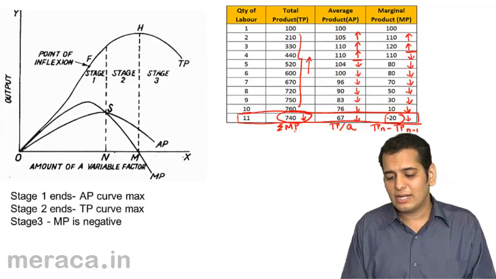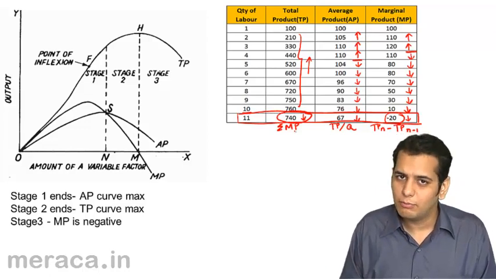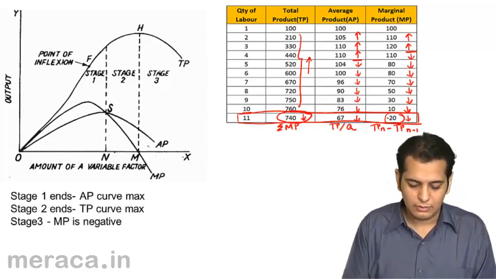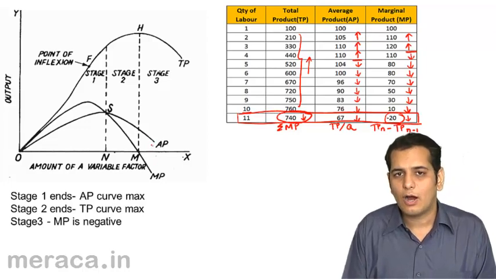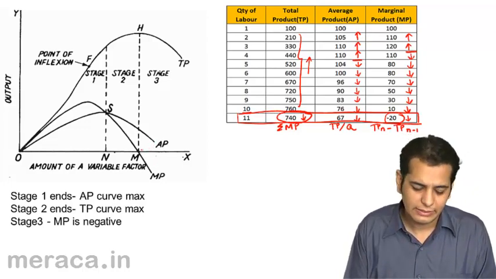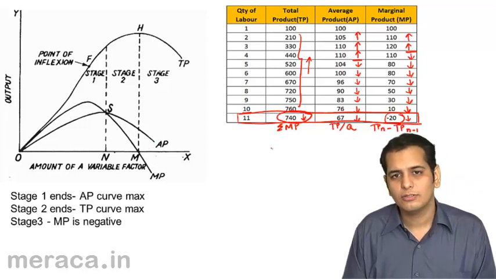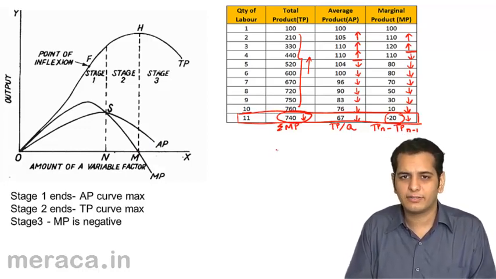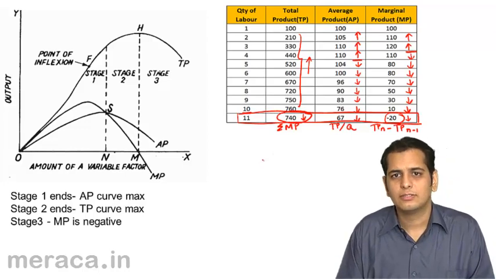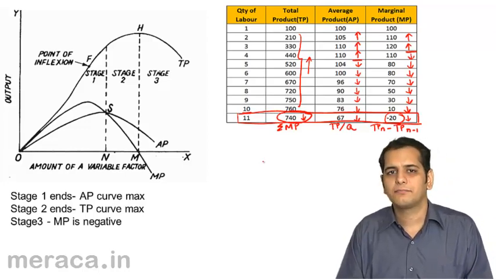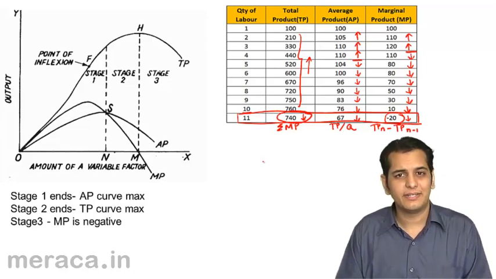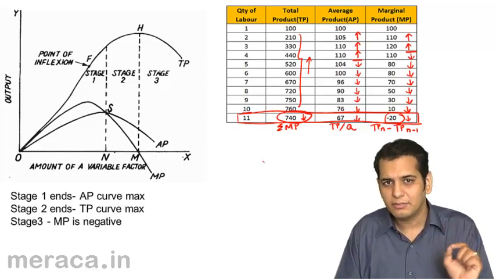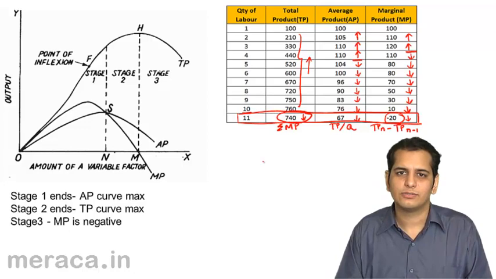Now, let's understand the schedule with the help of the graph. In the graph, we take output on the y-axis and input on the x-axis. Our input is nothing but the variable factor, which is labor in our case. Just for your understanding, in economics, as a convention, we generally take the variable factor on the x-axis.